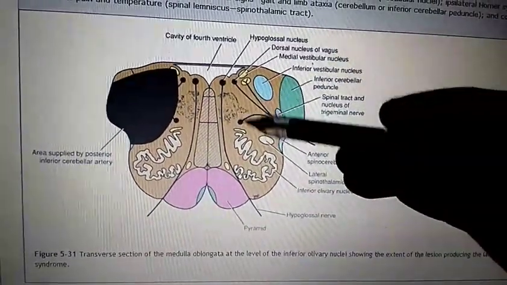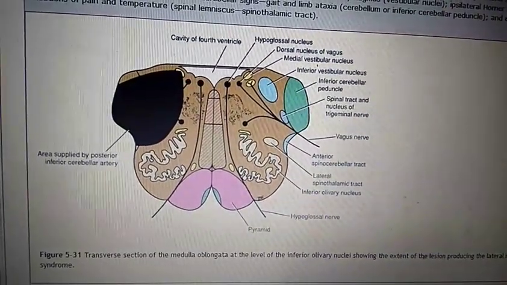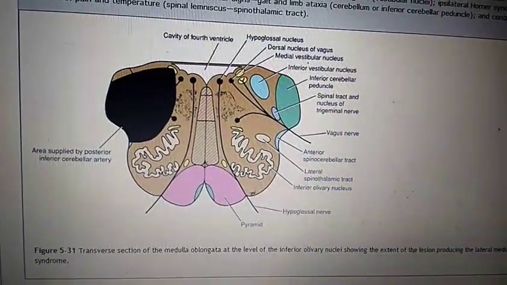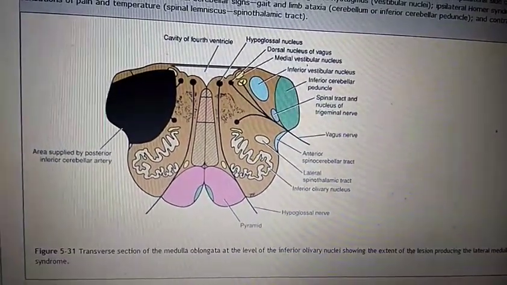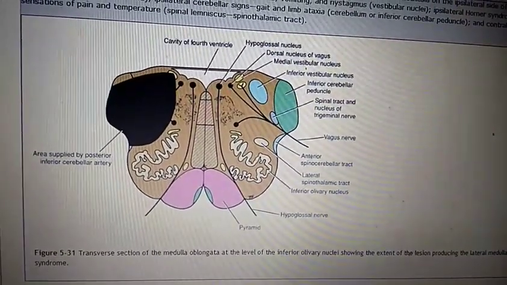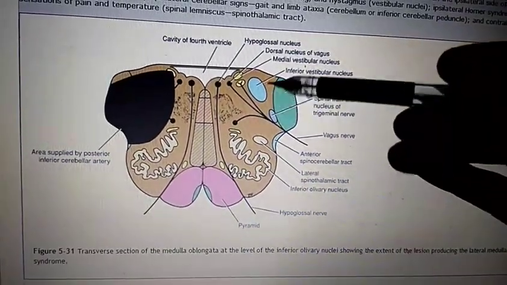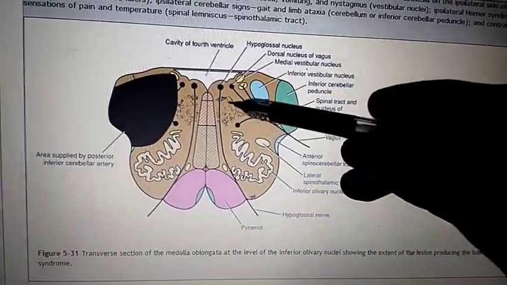Damage to nucleus ambiguus leads to paralysis of the muscles of palate, pharynx and larynx, which may lead to dysphagia and dysarthria.